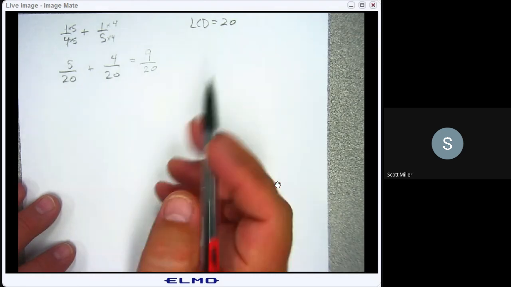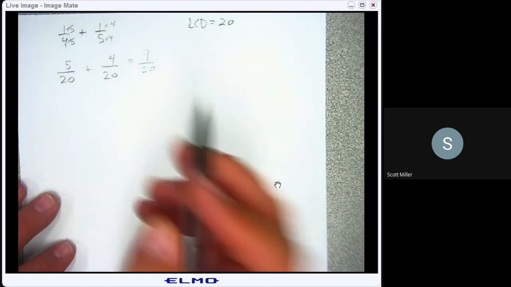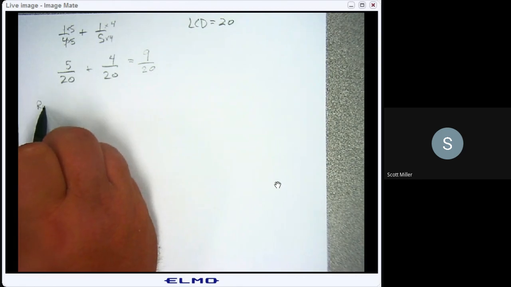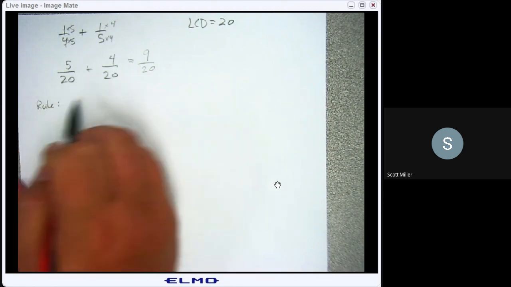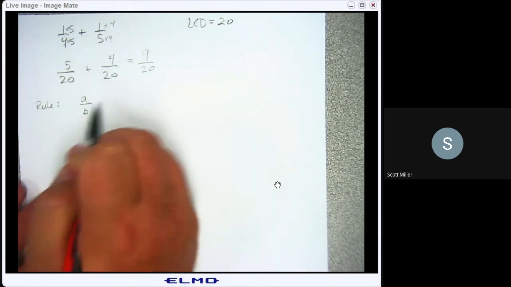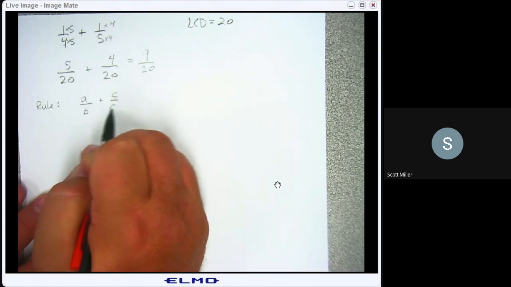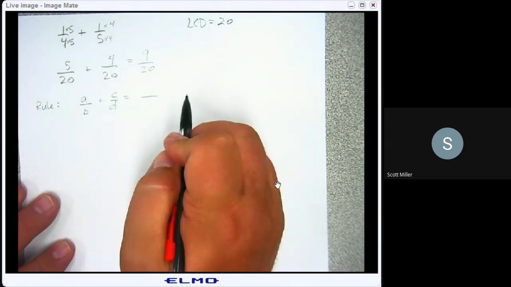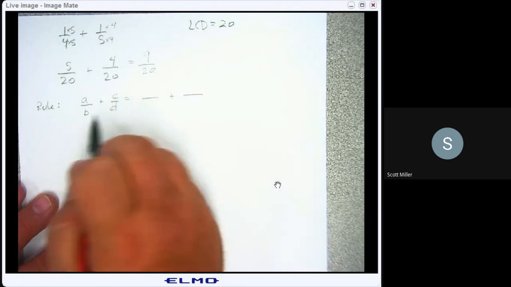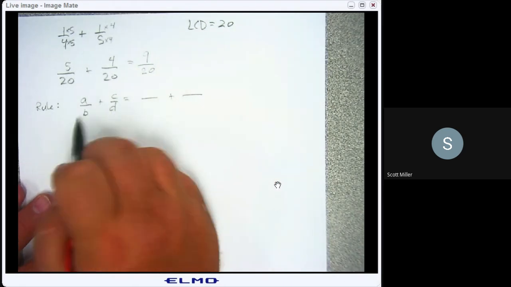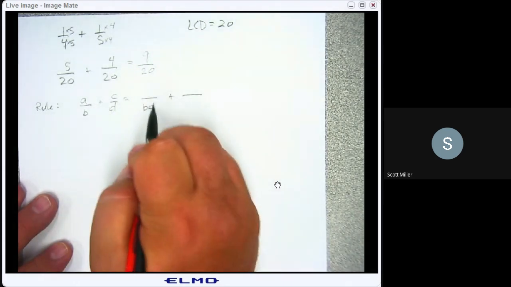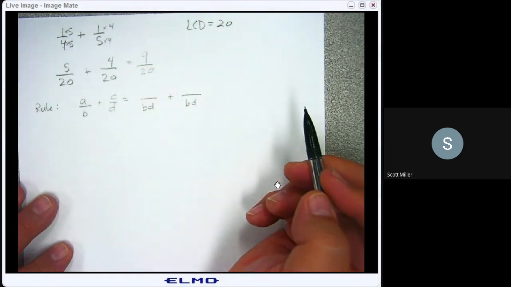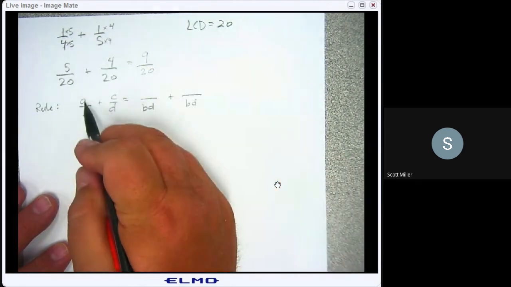So if they're unlike, then what we need to do is, so in general, here's your little rule, your little template, if you want to say. If I have A over B plus C over D, then I need to get a common denominator. And what I just said was what? I can just get it by multiplying those two together, right? But if I do that, I have to get equivalency.